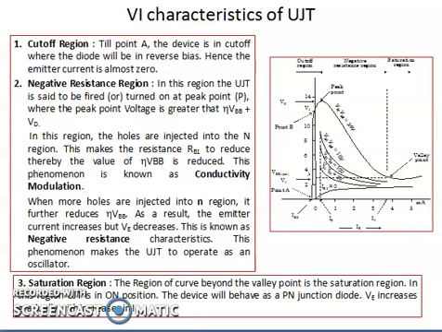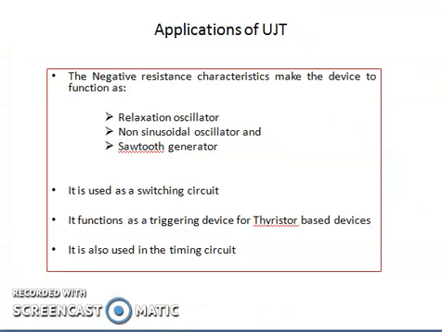That is, VE increases gradually with increase in IE, and for normal general operation we are not going for the saturation region, since most of the time we are using the UJT as an oscillator, so we have to properly bias the UJT such that this device will operate in this negative resistance region. Regarding the applications of UJT, the negative resistance characteristic is an important parameter.